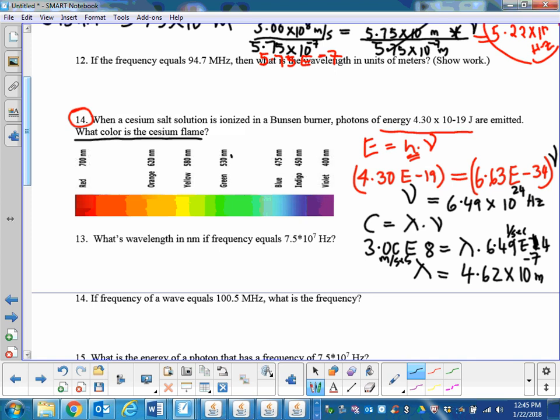They're given in what units? So what is 4.62 times 10 to the negative 7 in nanometers? Is it 462 nanometers? Correct? What color light does it match with?